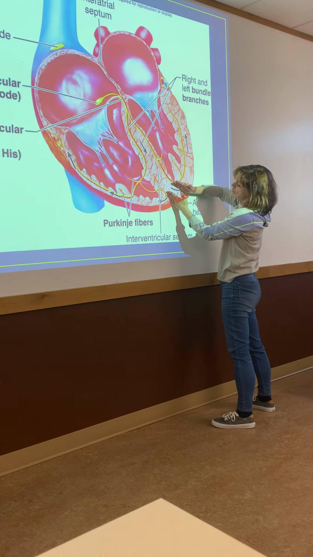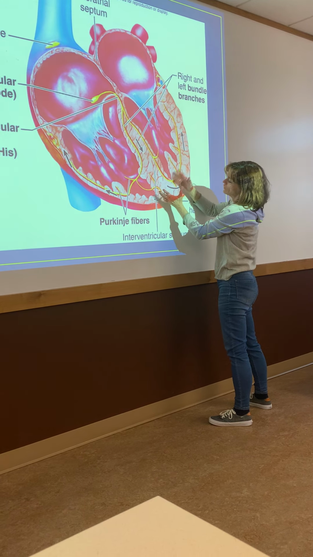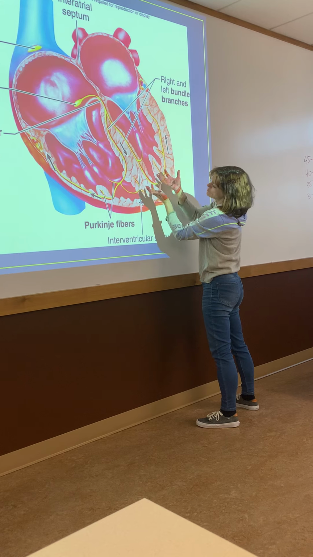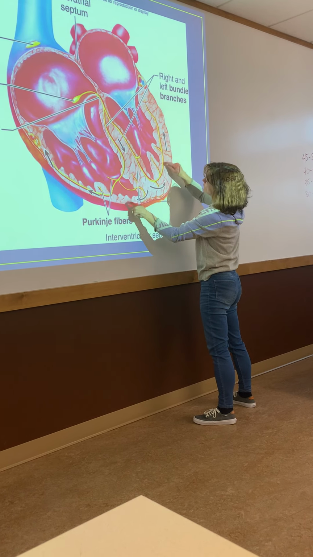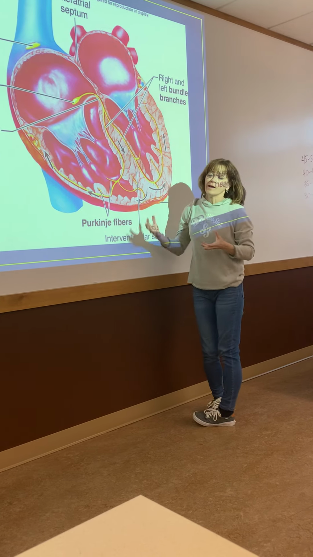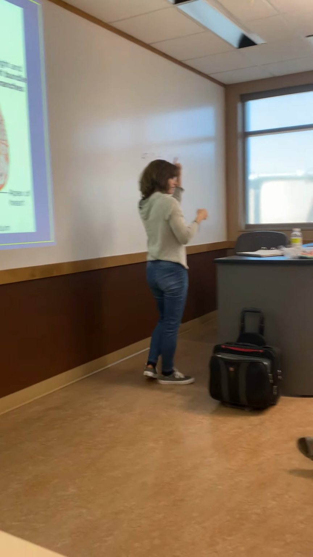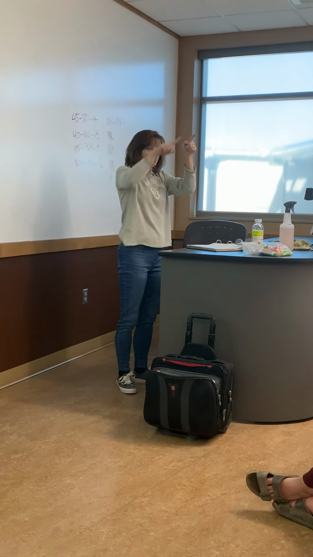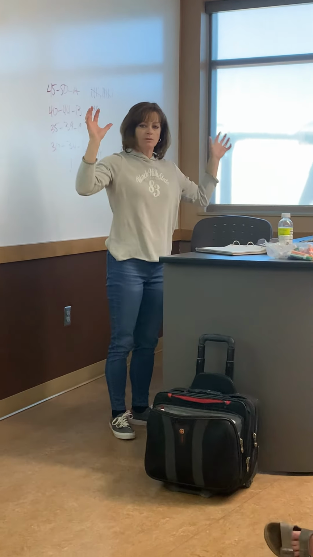That's going to zoom down to the pointy end of the heart, and then at the pointy end of the heart, we're going to have all the individual fibers called the Purkinje fibers that are going to go and tell the ventricles to contract. So there's a slight delay because of its anatomy. SA node goes first, atria, AV node, zoom, zoom, zoom, Purkinje fibers, ventricles.